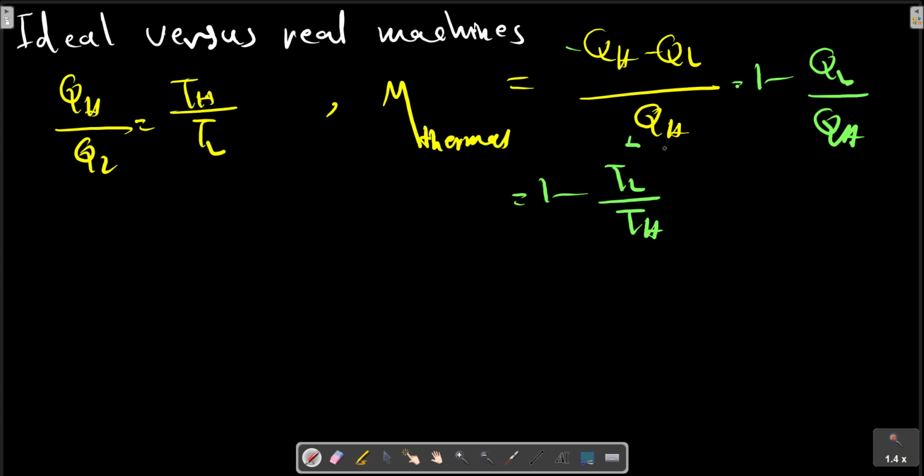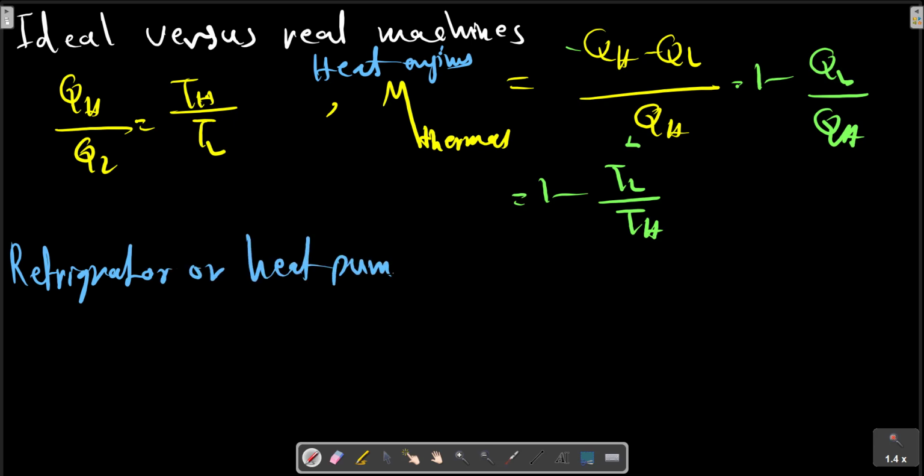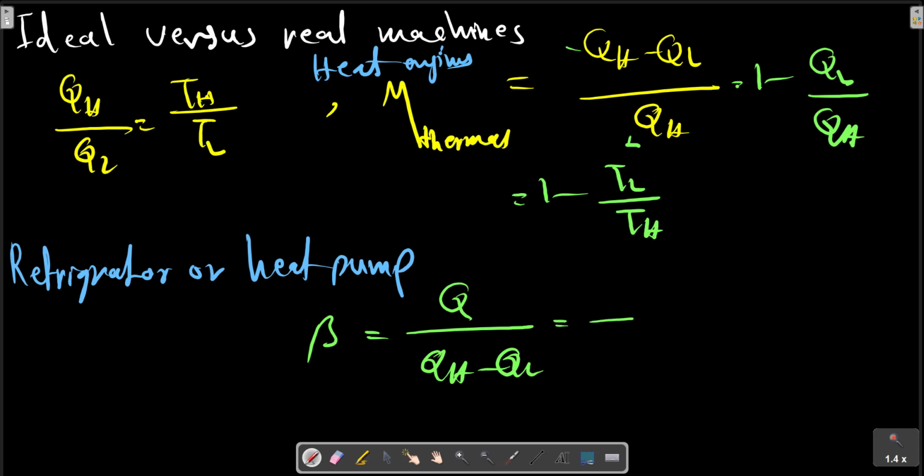It also follows that a Carnot cycle operating as a refrigerator or heat pump has beta equals QL on (QH minus QL), equals TL on (TH minus TL).